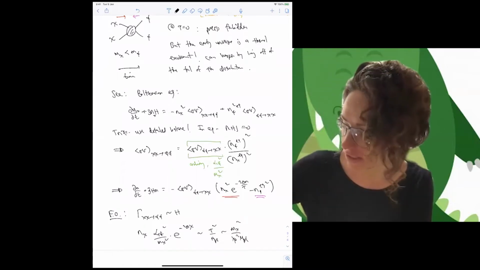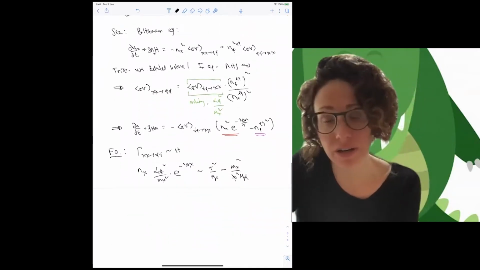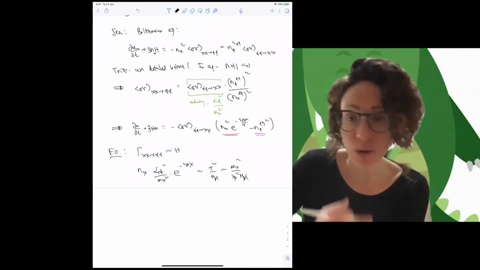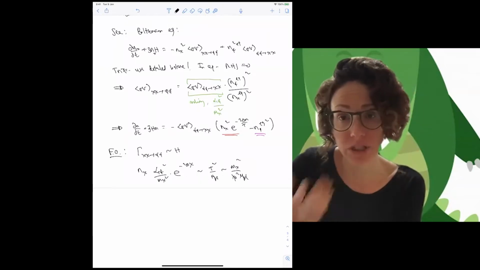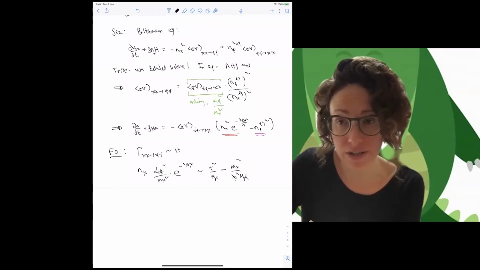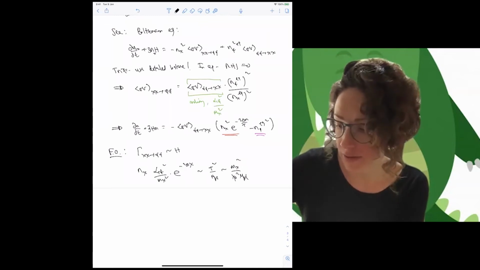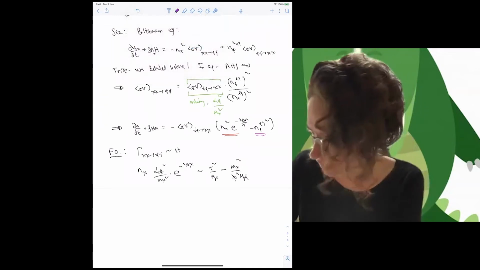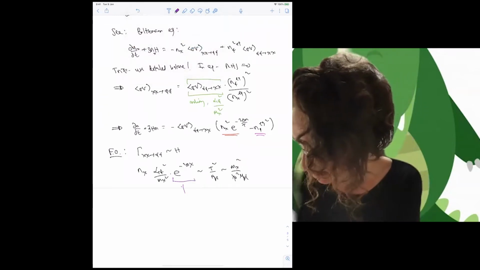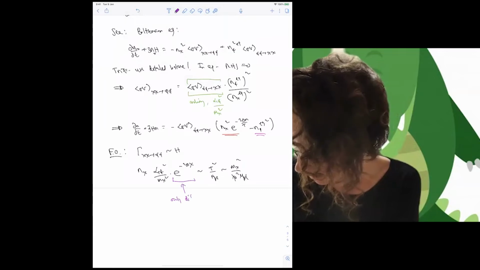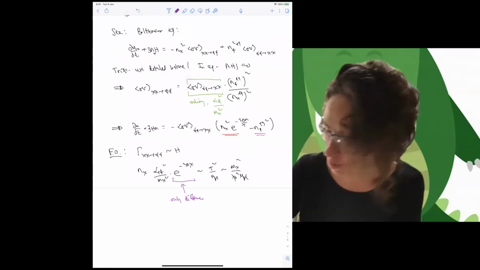But if you just look at this equation, you'll notice that the only difference from the WIMP equation that we solved earlier today is this exponent.